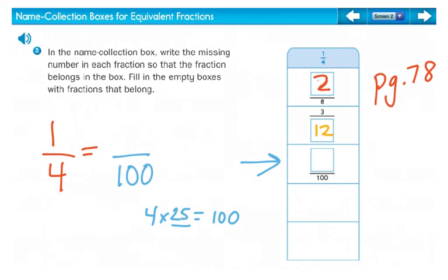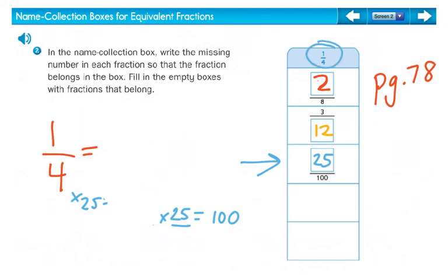The answer would be 25. So if they multiplied 4 times 25 to get 100, we have to multiply the numerator by 25 also. And 1 times 25 is 25/100. That is the same as, or equivalent to, 1/4.